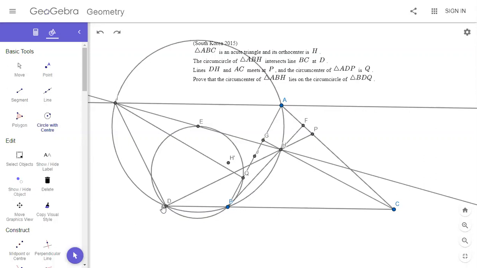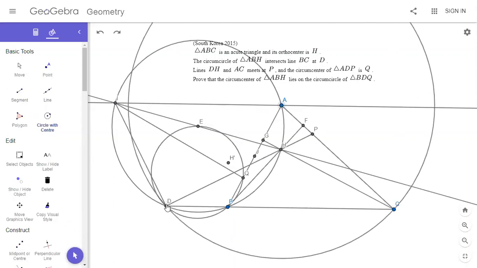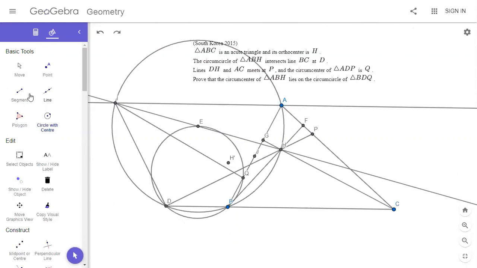Yeah, I think so. DAC is isosceles because this is an isosceles trapezoid. So yeah, DAC is isosceles. Yeah, that's not a bad idea to draw in that segment.